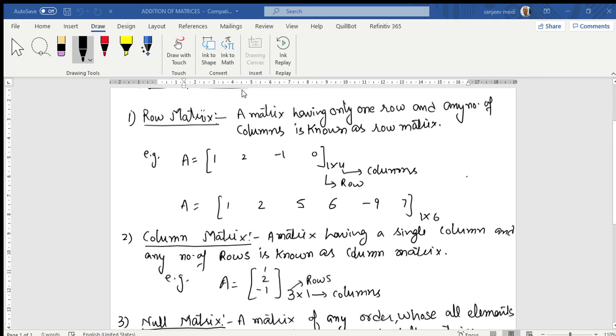It can also be written in another way, or sometimes some books will represent it like this. This is merely a representation, it doesn't mean anything, but the main thing is here the elements are same and must be unity.